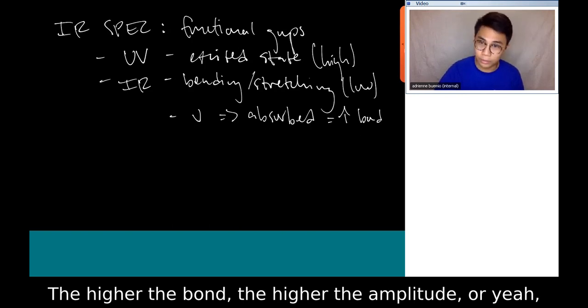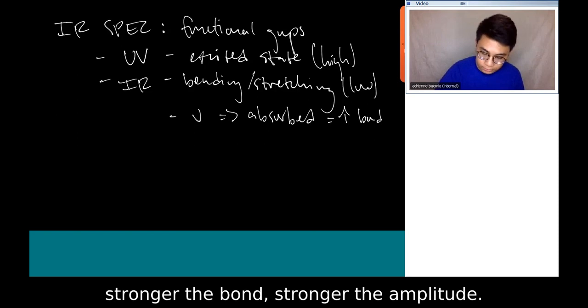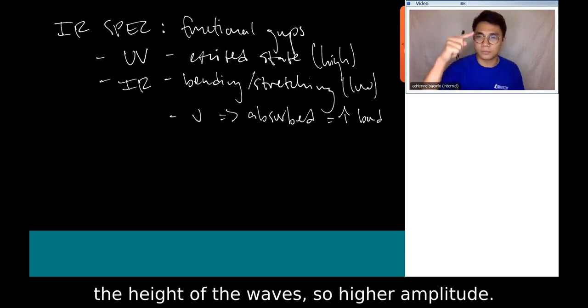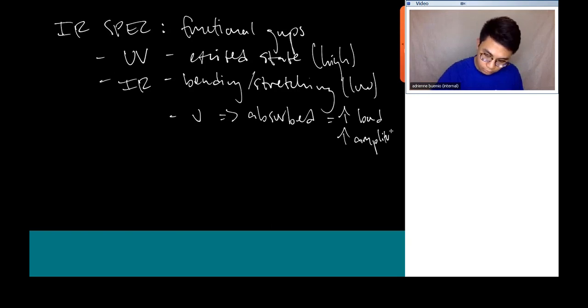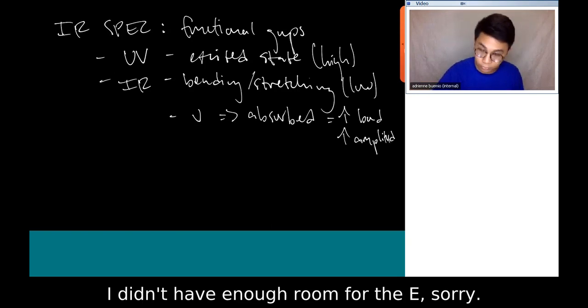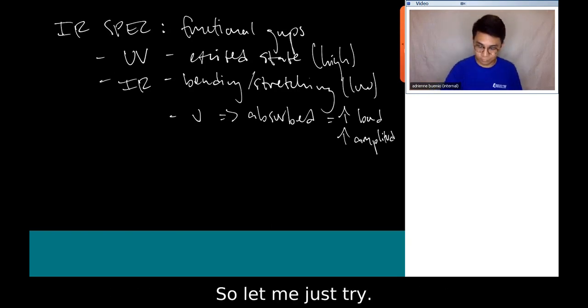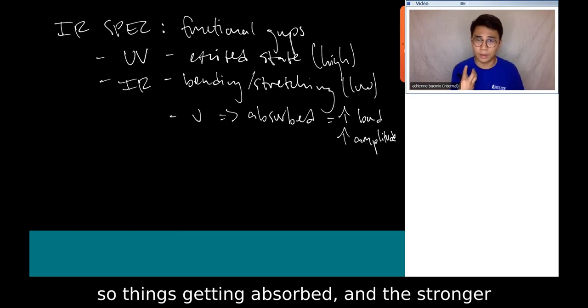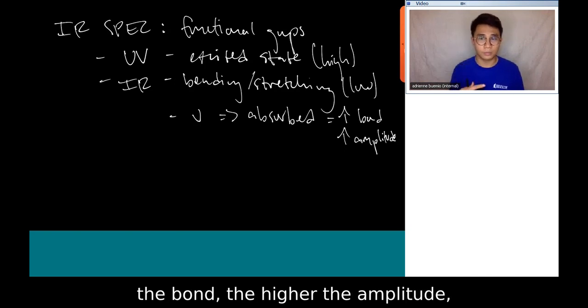So we know from physics, amplitude is the height of the waves, right? I don't have room for the E, sorry. So wave number is the thing getting absorbed, and the stronger the bond, the higher the amplitude.